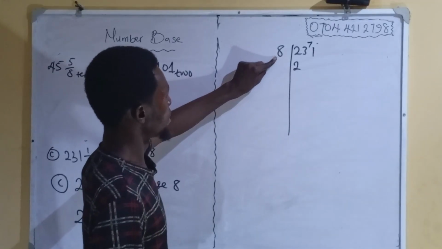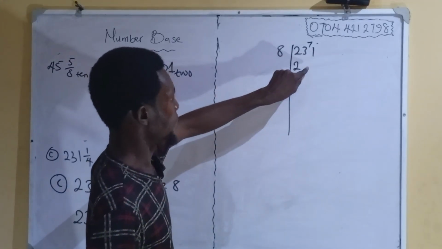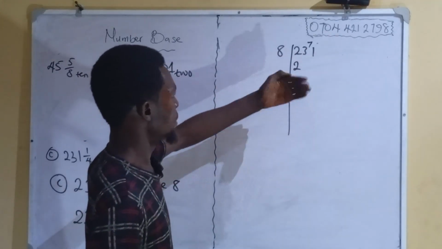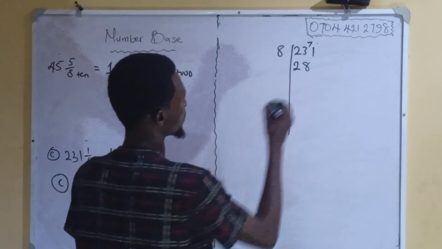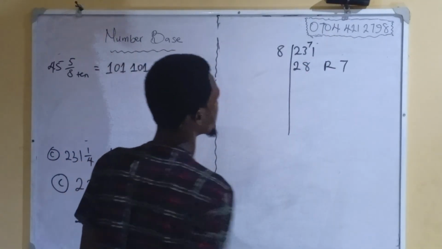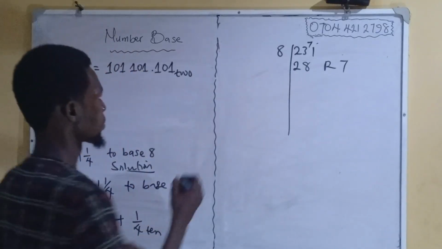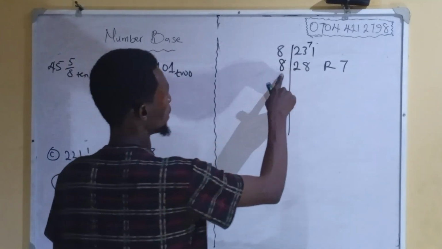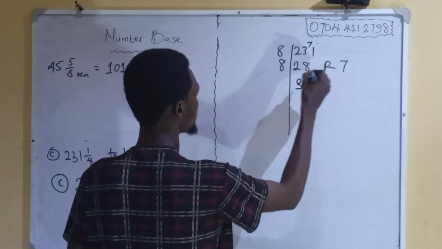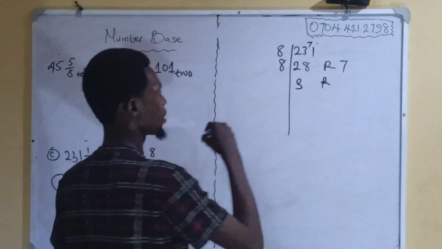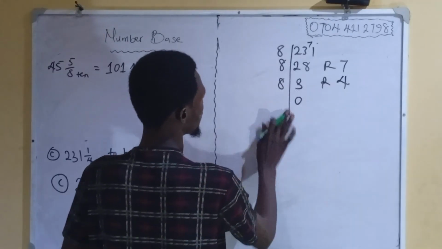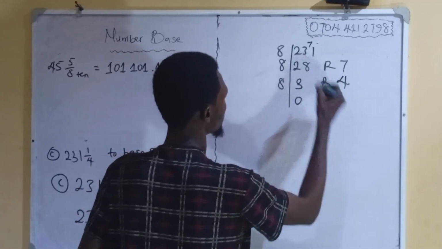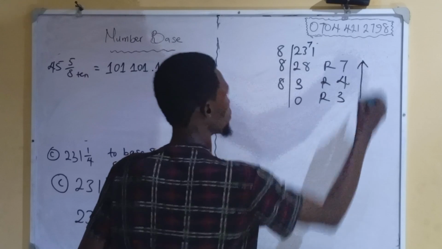Now 8 divides 71, that would be 8, remainder 7. So 8 divides again, 8 divides 3, what is that? Remainder 4. 8 divides 0, remainder 3. So you have gotten this one.